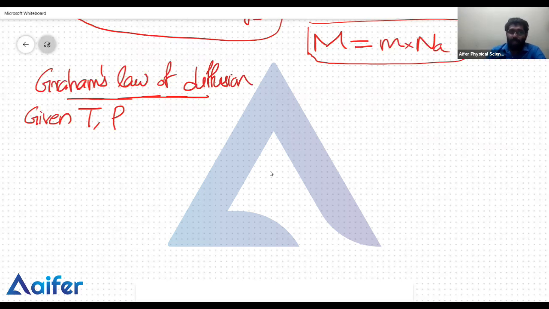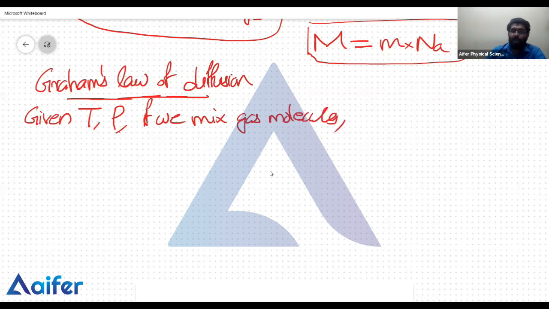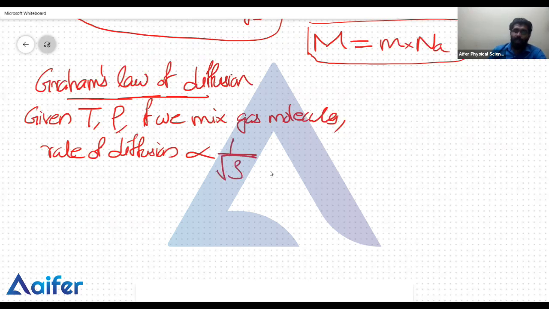For a given temperature and pressure, if we mix the gas molecules, then rate of diffusion is proportional to square root of 1 by density.